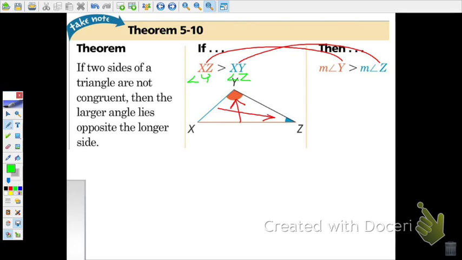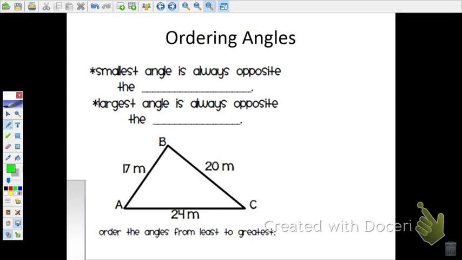So if XZ is greater than XY, then angle Y is greater than angle Z. Okay, so we're just going opposite. Okay? So if you look at your ordering angles flap, that's what we're looking at here, is that theorem.